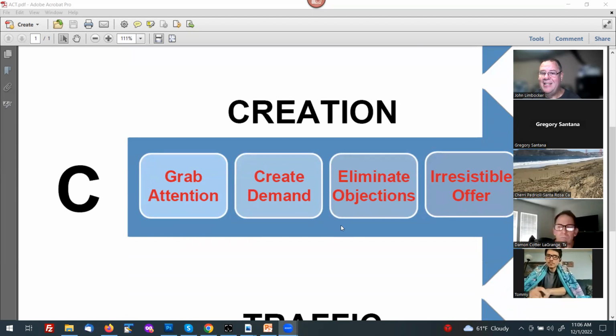It's going to make this really easy. And a lot of people struggle with this. They jump into creation. They don't know what to say. They don't know how to convey their value because they didn't do the analysis work. They don't know what's important to the person that they're selling to. They haven't identified that.